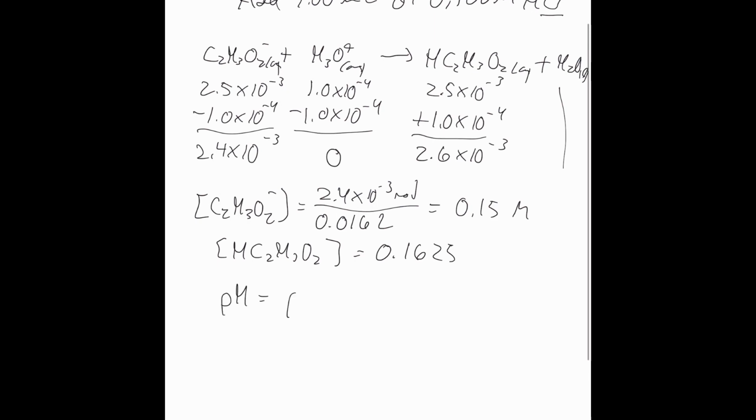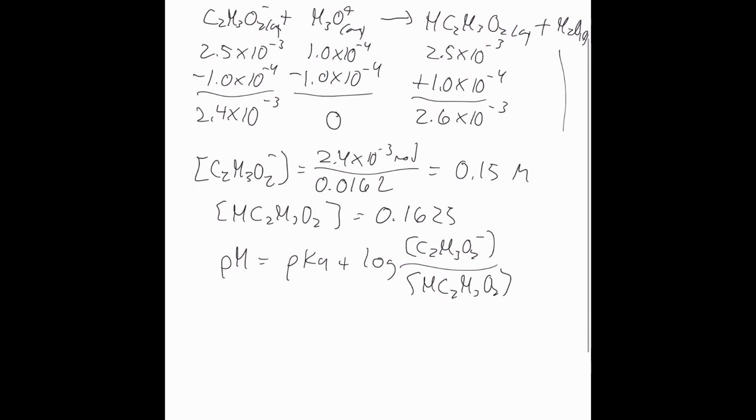So pH equals pKa plus the log of the base, C2H3O2 minus, over the acid, C2H3O2H. And so that means pKa is 4.74. We remember that from before, I don't have to write it out. So the base is 0.15 over 0.1625.